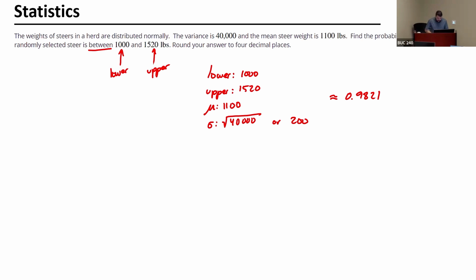Got 1,000 here, got 1,620. A mean of 1,100. Check your calculations. Things happen, you got 0.6736. That better? Very good.